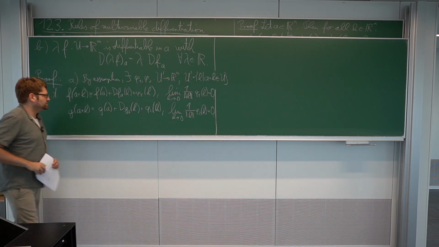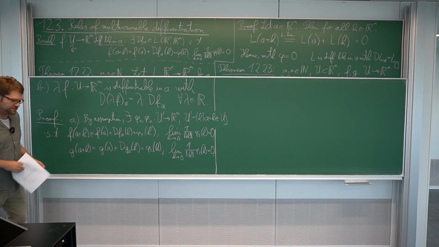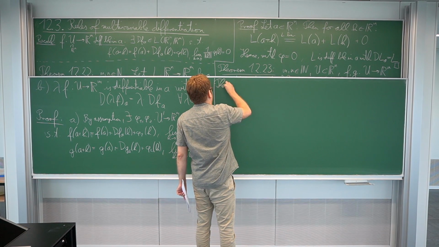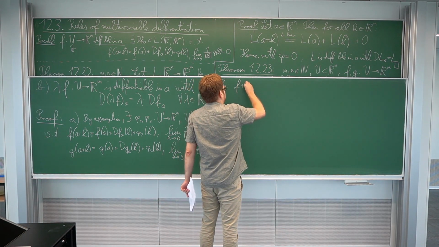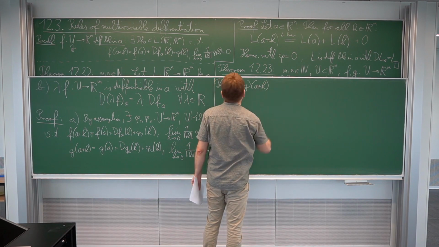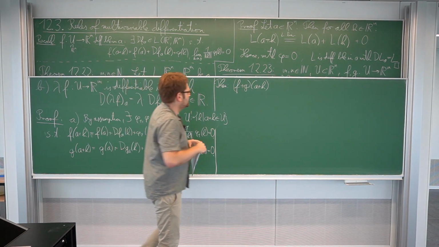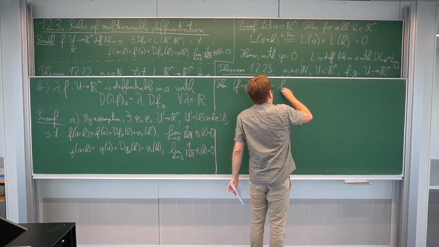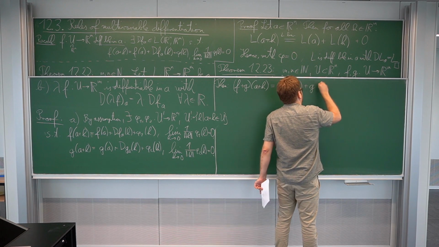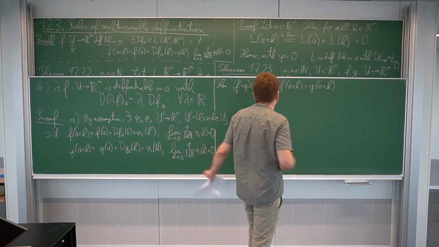And the idea is very simple. To show that the sum is differentiable, we just add up these two equations. Namely, if we take f plus g of A plus H, this must be on the left-hand side of the differentiability equation for the sum. So this is by definition just f of A plus H plus g of A plus H, which is the sum of the left-hand sides of these two equations.